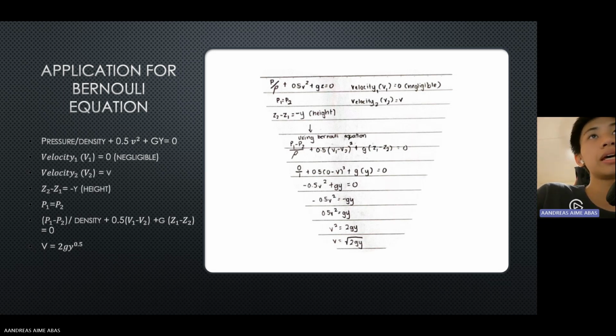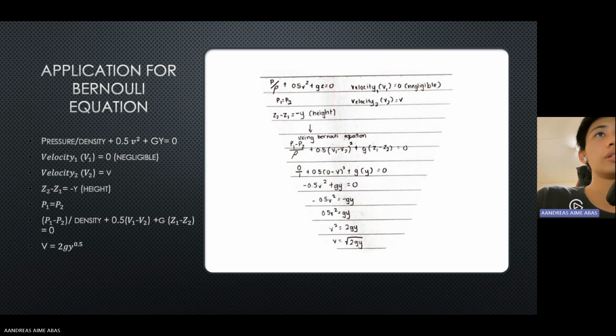We have gravity and density as both are constant. Pressure will be atmospheric pressure, and P1 equals P2 as the container is not tall enough to have varying pressure. For velocity, we can equate V1 equals 0 as the water level decreasing is at a very slow rate. Hence, V2 equals V, since V1 is negligible.